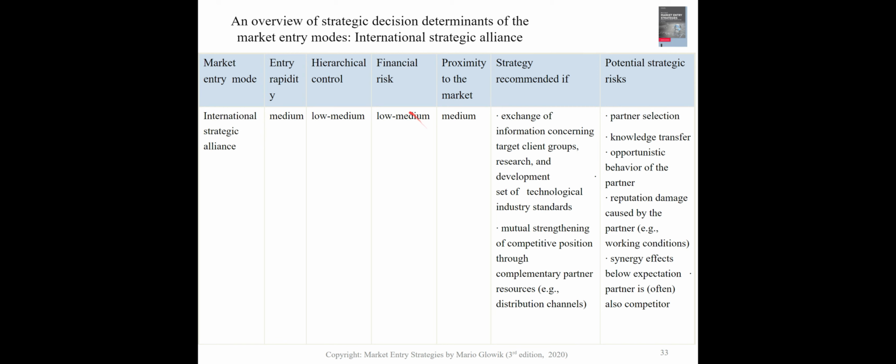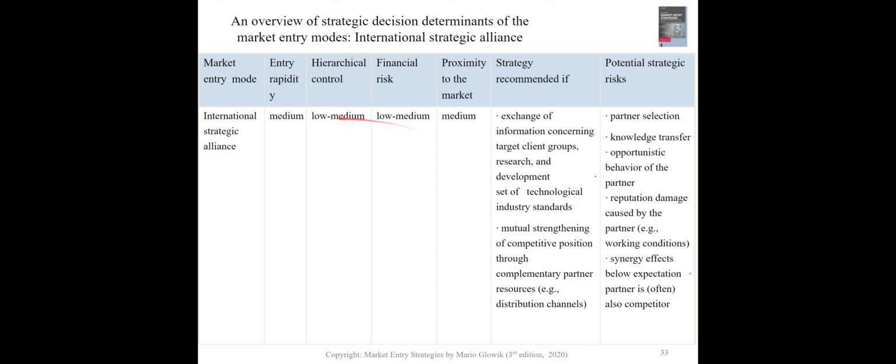Okay, in case of a cooperative market entry mode, such as in strategic alliances, which usually target the exchange of information concerning client data, research and development, or concerning setting industrial standards, or making use of strengthening their competitive positioning.